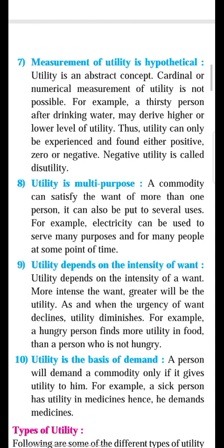When we use this method, it is called ordinal measurement of utility. The cardinal measurement of utility is more emphasized by Dr. Alfred Marshall. Suppose one thirsty person drinks 4 glasses of water, we can count the number of glasses, 1, 2, 3, 4. So this is cardinal measurement.